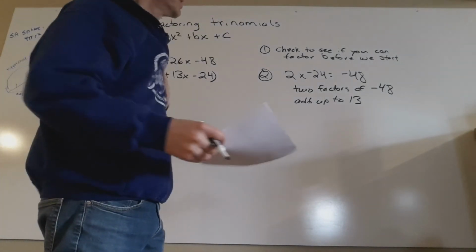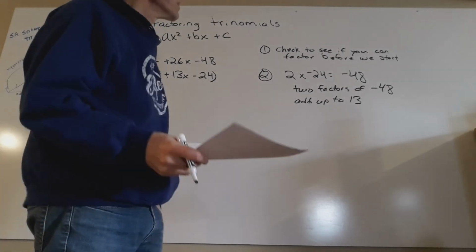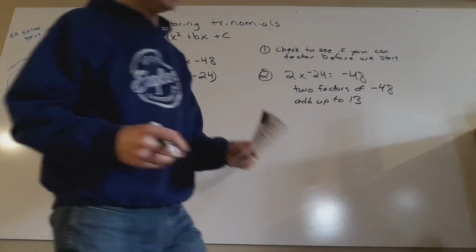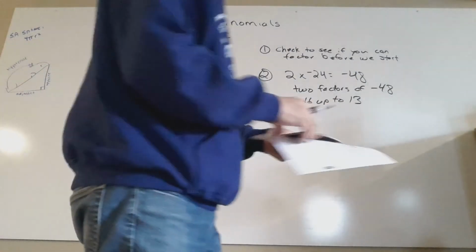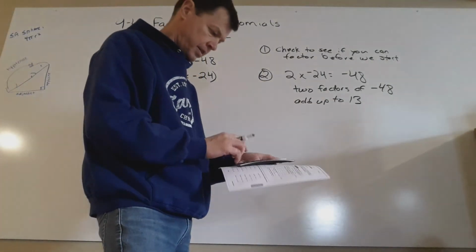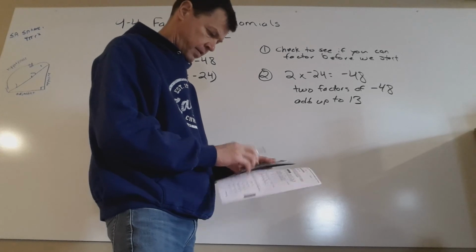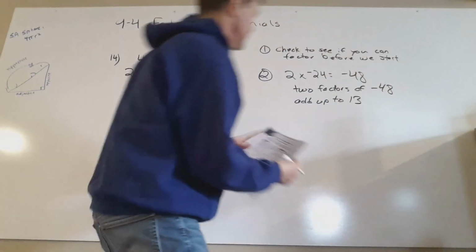So it's not going to be 6 and 8. Try 3. 48 divided by 3, 16. Three and 16 it is, yes.